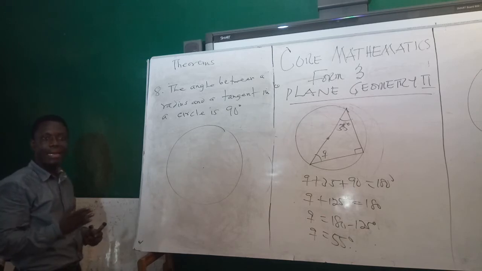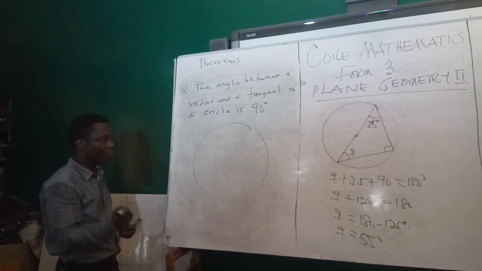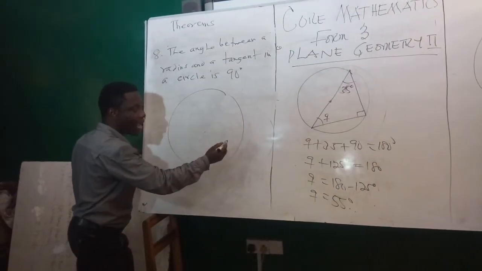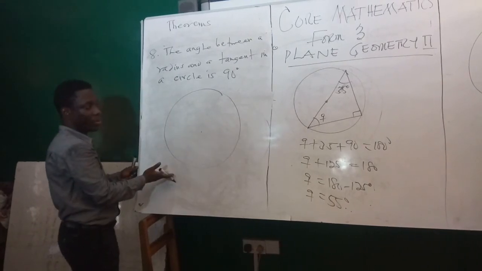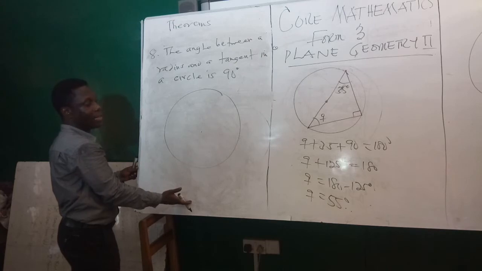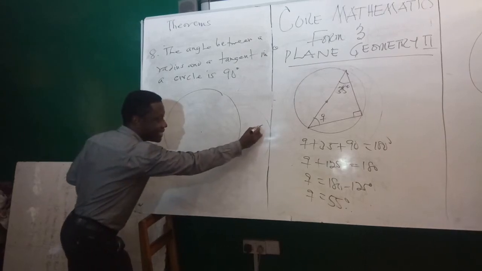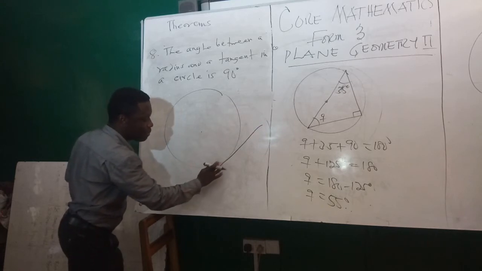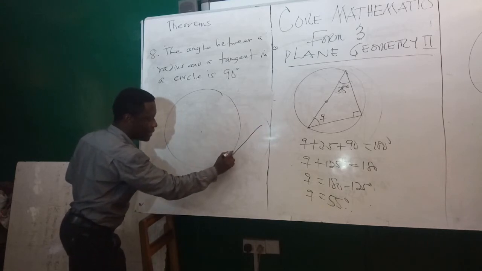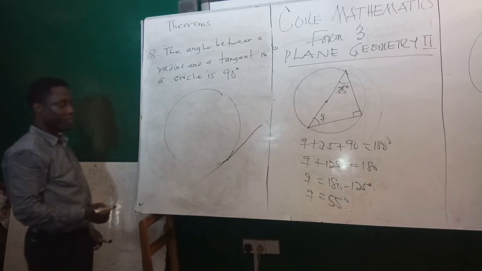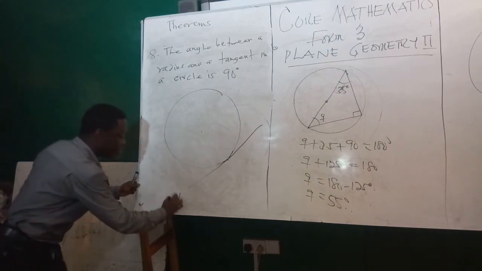So for example, if I have a straight line which is not cutting through the circle or far away from the circle, but is actually touching the circle at a certain point, let's say it is touching it at this particular point, then this line will be your tangent.